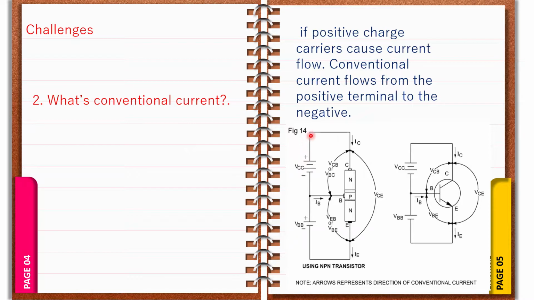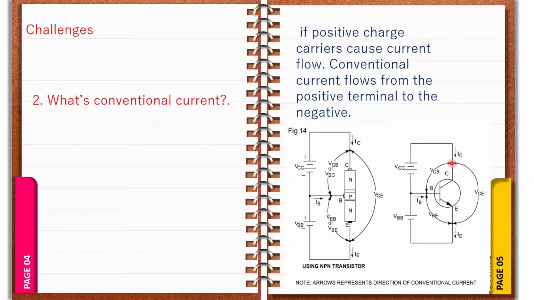So conventional current means that positive charge carriers cause current flow. If the current is flowing from the positive terminal, meaning the plus terminal, then we say it is a conventional current. This is very, very important.